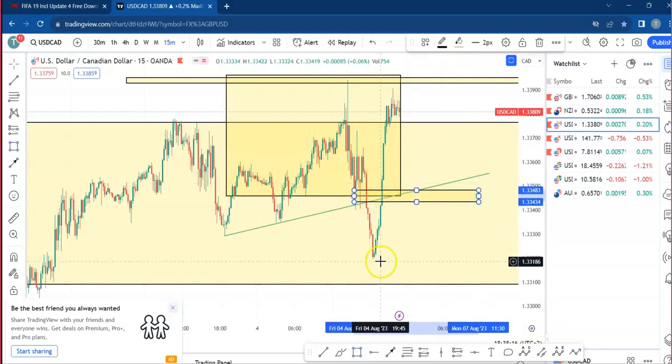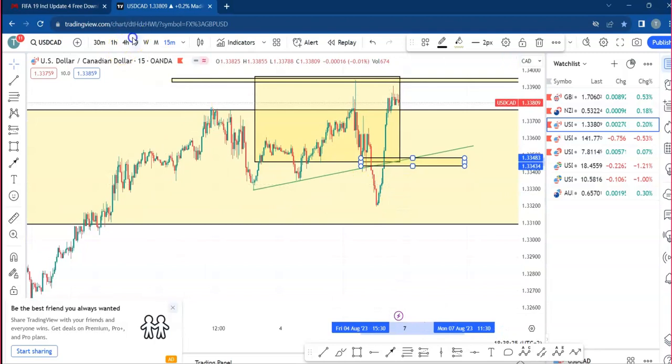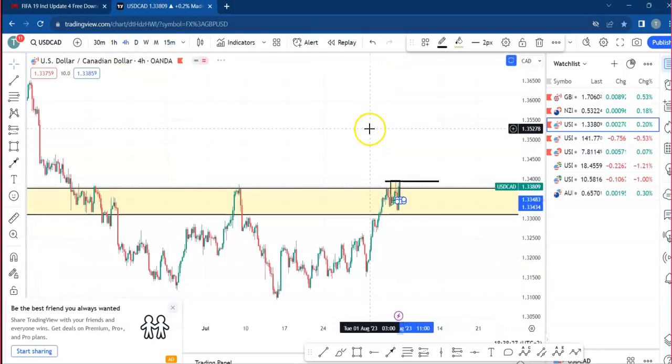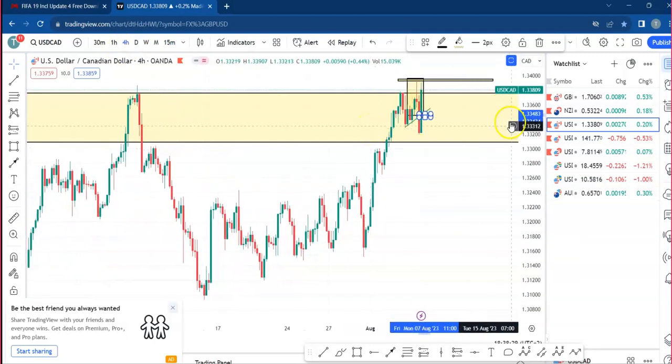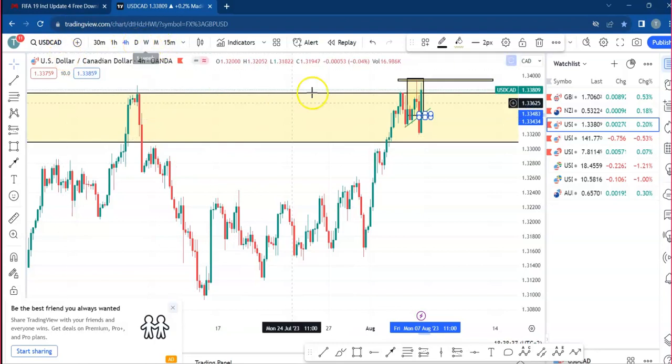A break, then a retest, then look for entries. But you can see that the market never really gave us that retest. So on the 4-hour time frame, we are waiting for a bearish engulfing, then you go short. Right, that's when you go short. So yeah, just hoping that the market will respect that level.